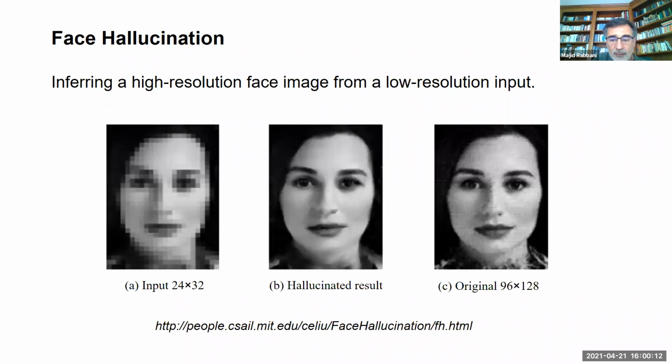This is an example of face hallucination, not the seminal paper by Simon Baker and Takeo Kanade at CMU. Rather, this is a few years later at MIT with Professor Bill Freeman. And by the way, Lin and Shum that I mentioned from Microsoft Research Asia, Shum and Freeman did a lot of work together on face hallucination.